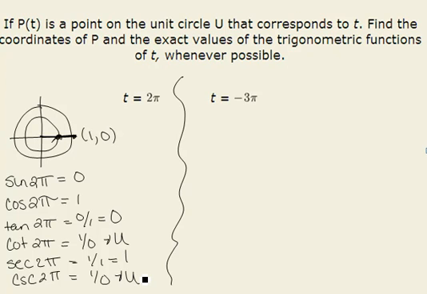We are now ready to move on to negative 3 pi. We will recognize the negative means we're rotating in the clockwise direction a total of 3 pi.